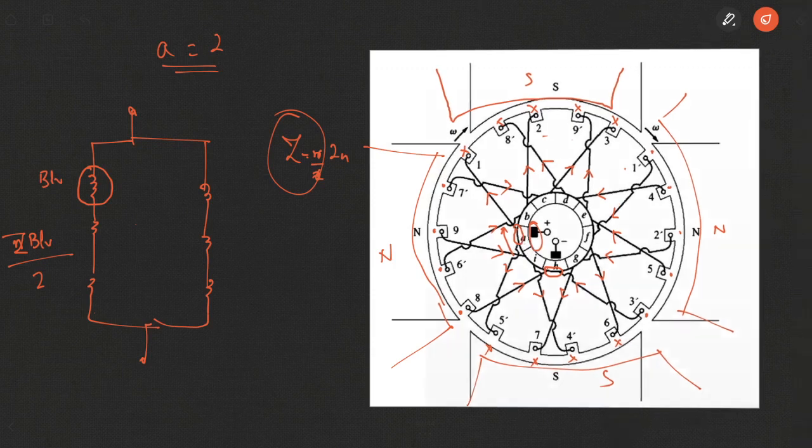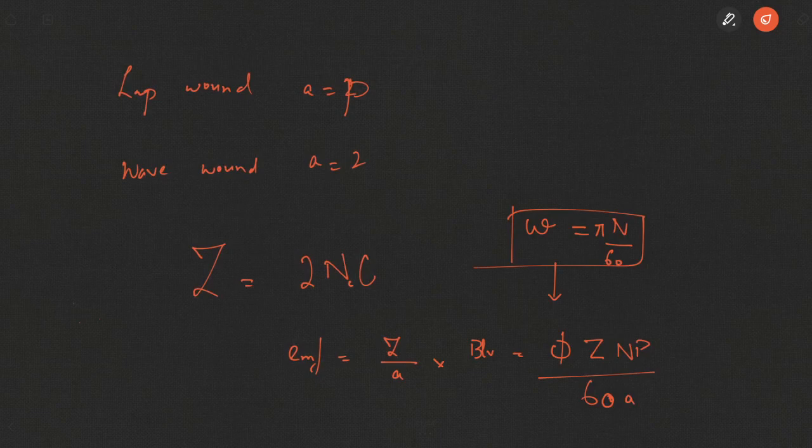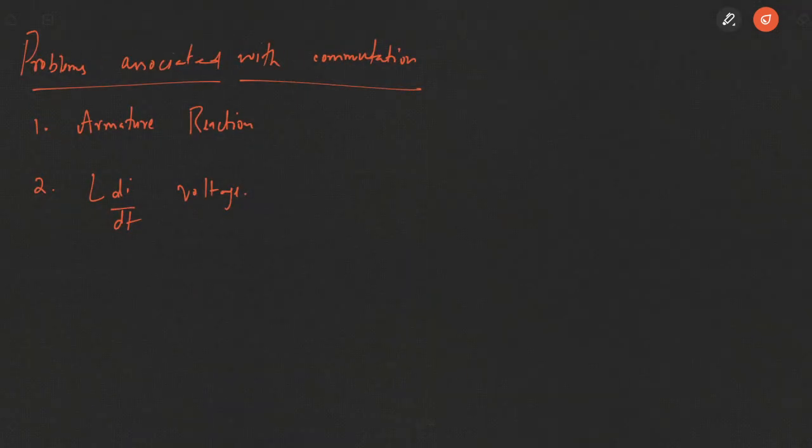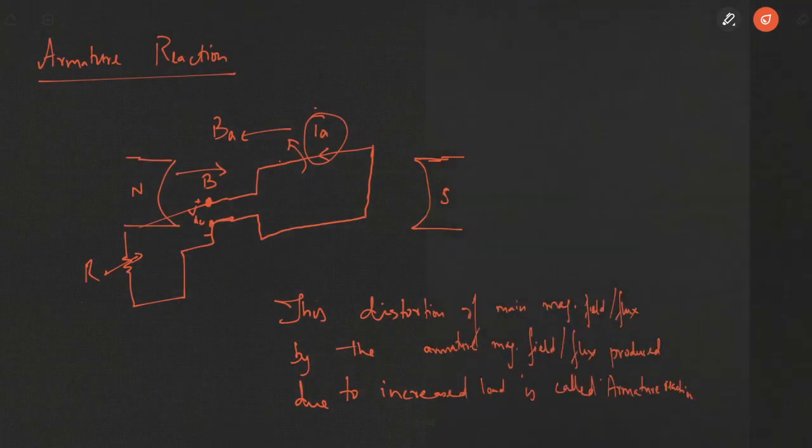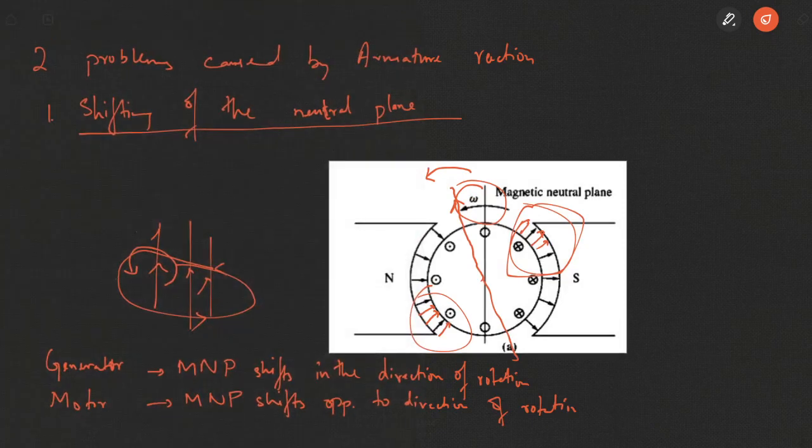So what happens at this time, the voltage actually should be equal to 0, so that there is a smooth commutation. This process is actually known as commutation. There is a smooth commutation between the commutator and the brushes, and the voltage across them should be equal to 0, so that there is no sparking or there is no short circuit at that time.